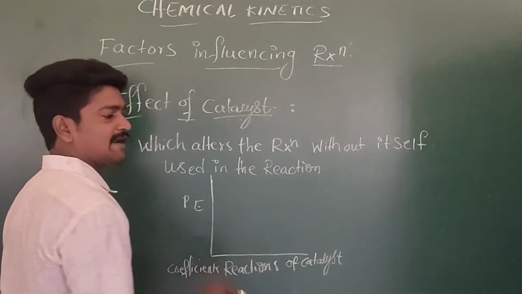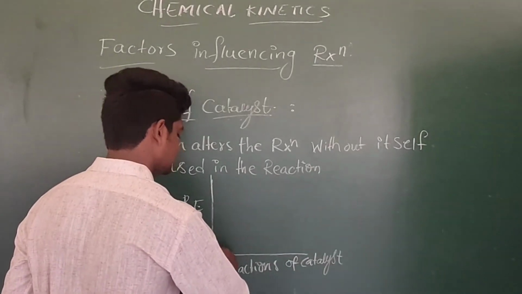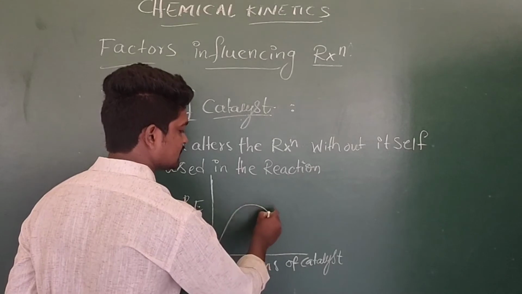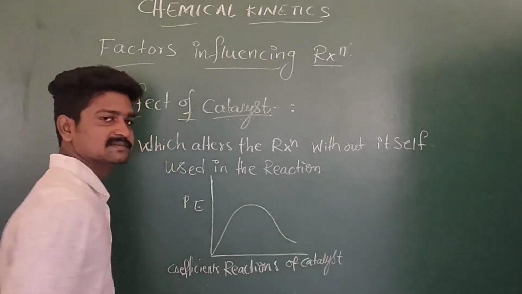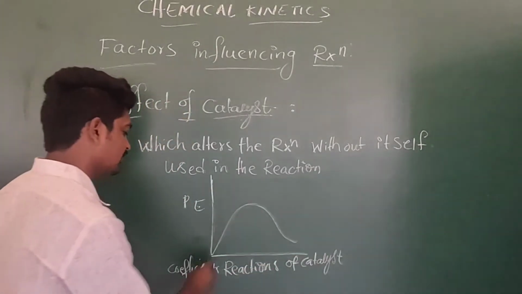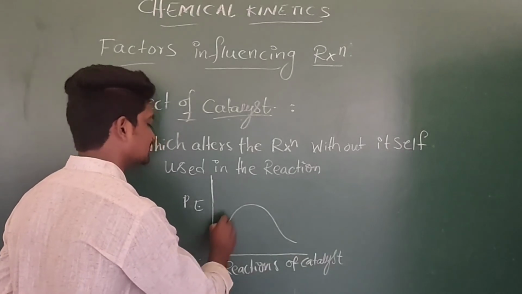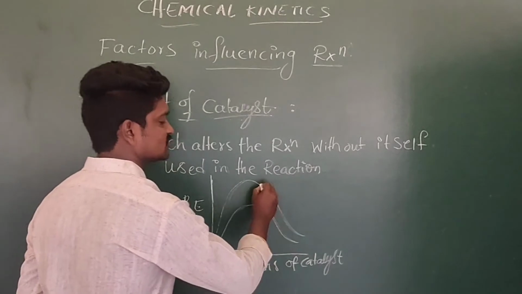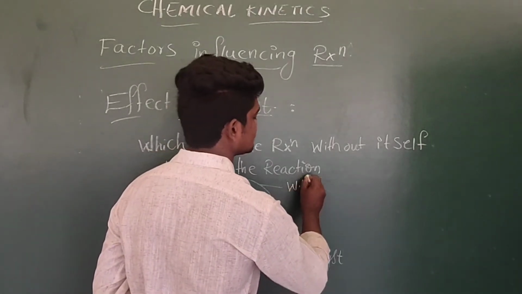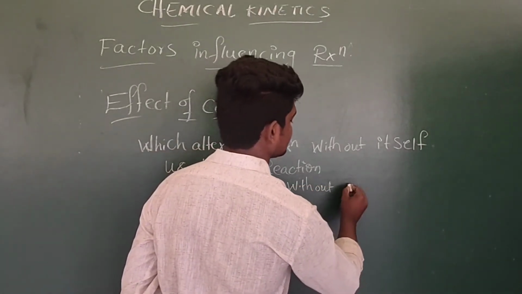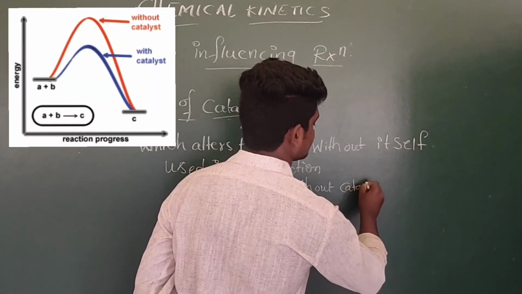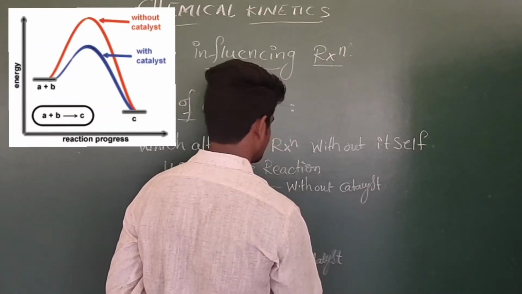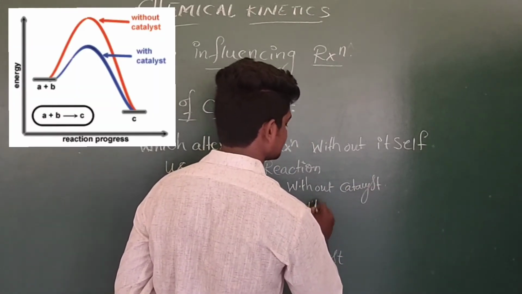See, with catalyst the rate of reaction will be like this. Without catalyst the rate of reaction would be like this. So this is without catalyst. So this is with catalyst.